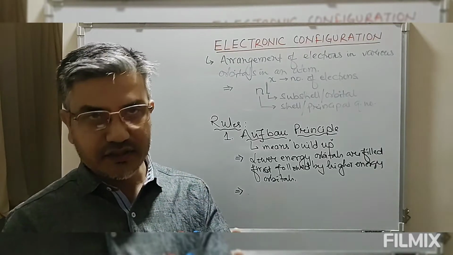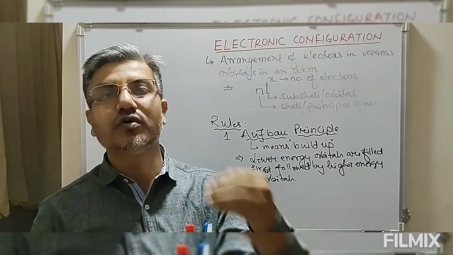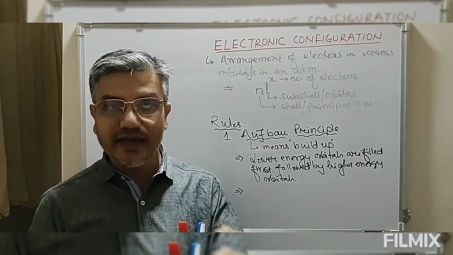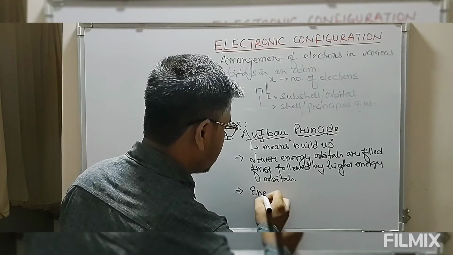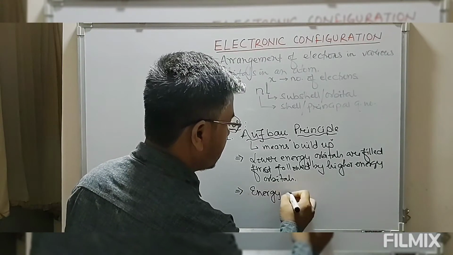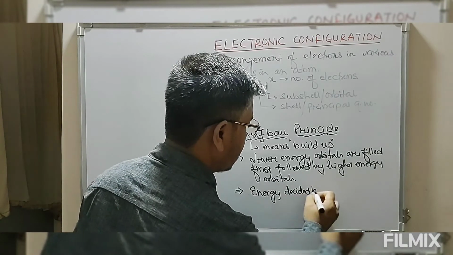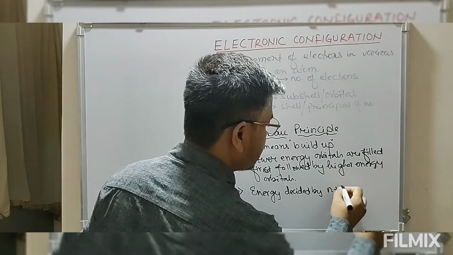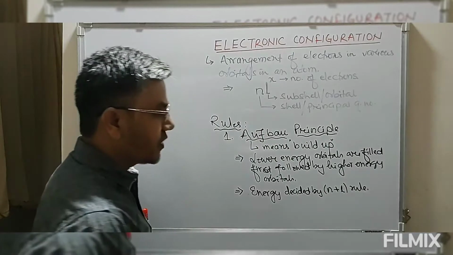Whereas for hydrogen or hydrogen-like species, energy of an orbital depends only on the value of n, the principal quantum number. So energy is decided by the n plus l rule, that is for a multi-electron species.